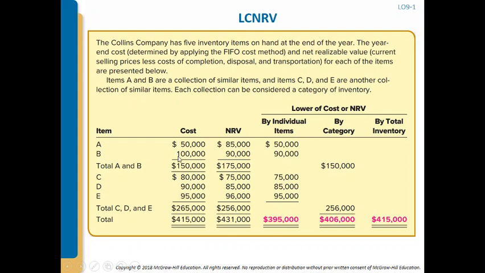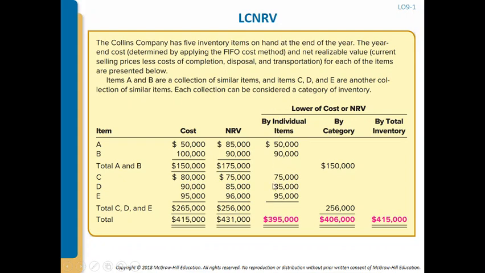For inventory B, cost is above NRV, so you take the lower of the two, NRV being $90,000. You continue on with the separate items. Inventory C, here NRV is less than cost, so you take the lower being the NRV of 75,000. D, NRV is lower, so 85,000. And E, cost is lower, so you take that number, 95,000.